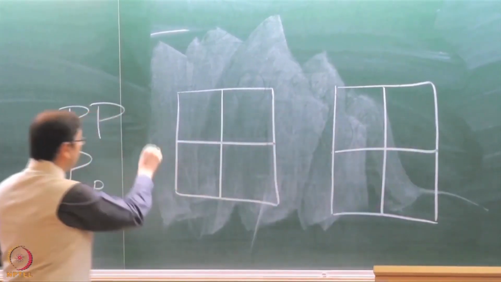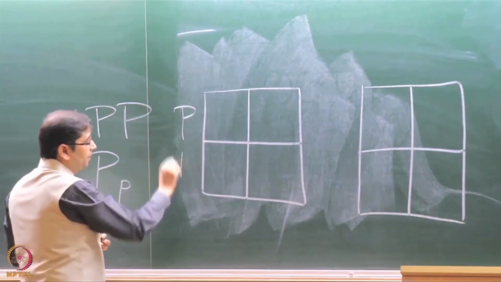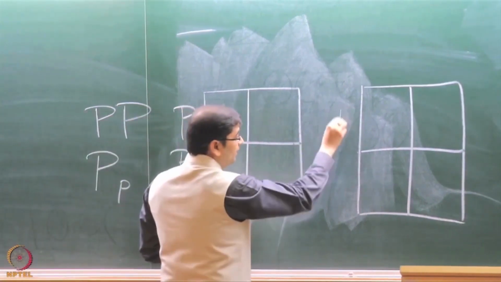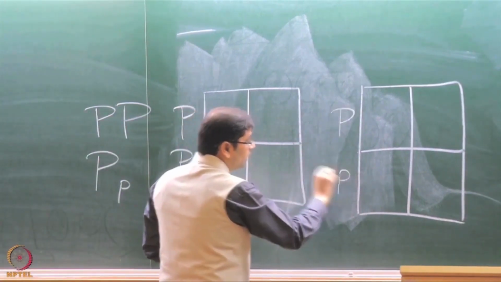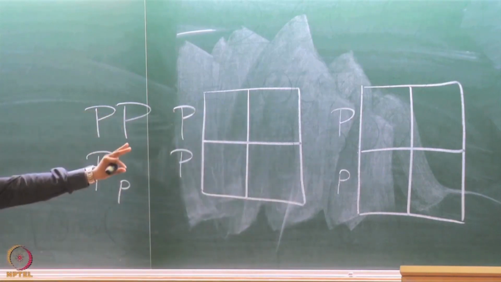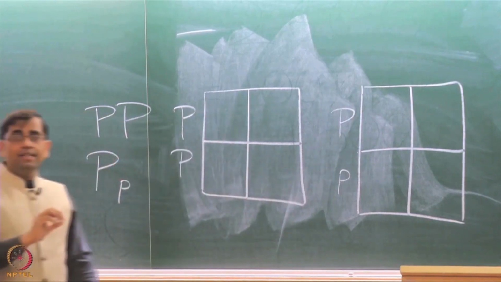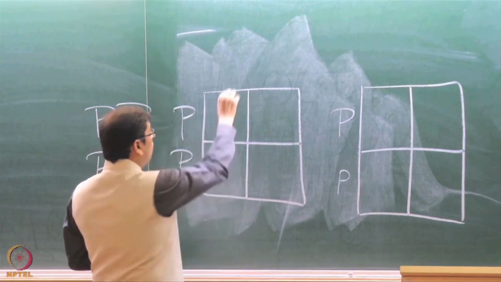So we have two possibilities. One is capital P, second is capital P and small p. He made a cross of these two conditions with homozygous recessive, which was small p.